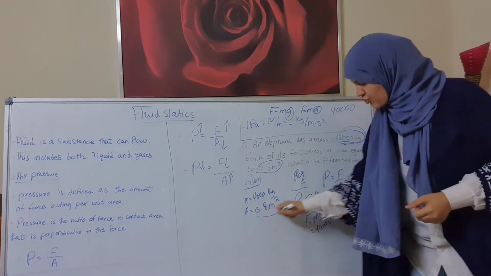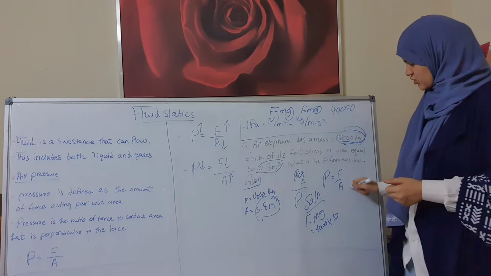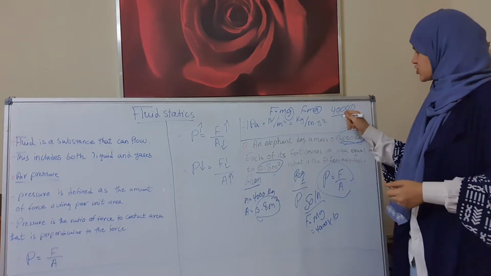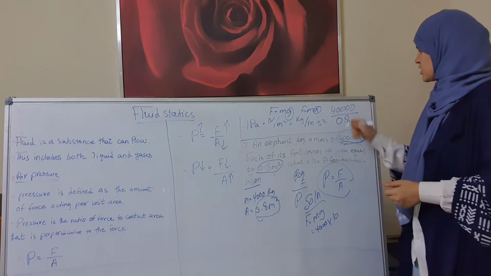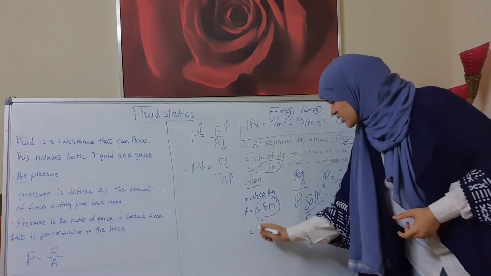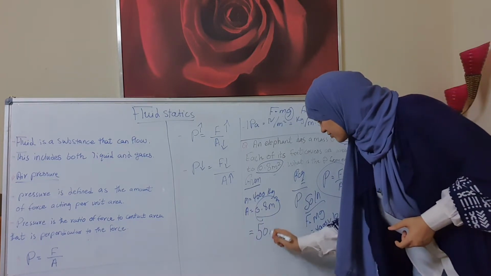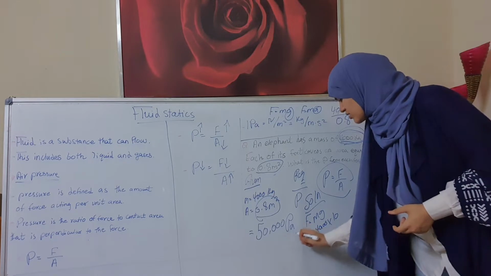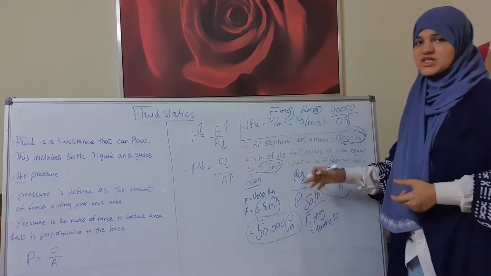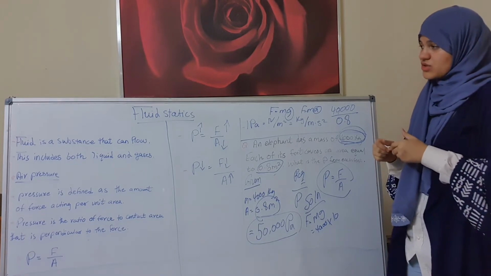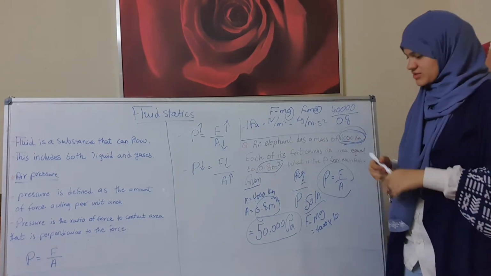Then we have 0.8, and pressure is equal to force over area. So here is the force over area, which is 0.8. Then we simplify, and the final answer is 50,000 Pascal. So this is the final answer for this question. Now let's continue with the other topics.